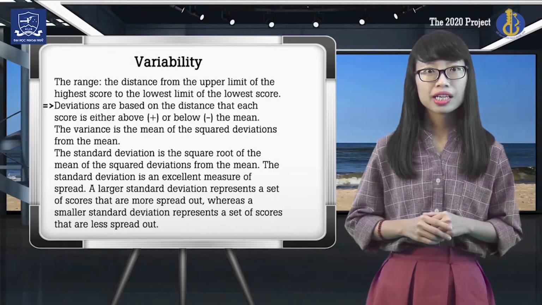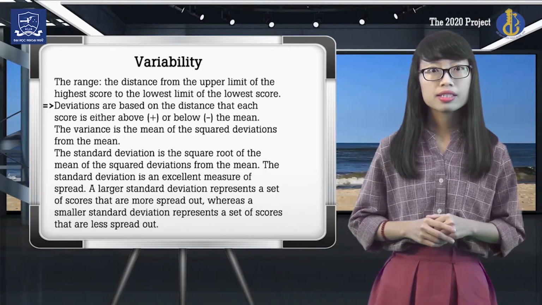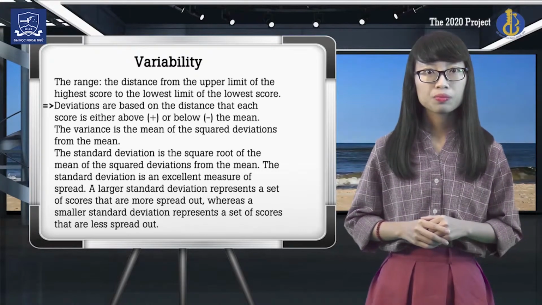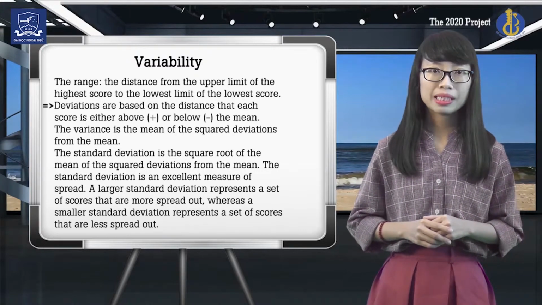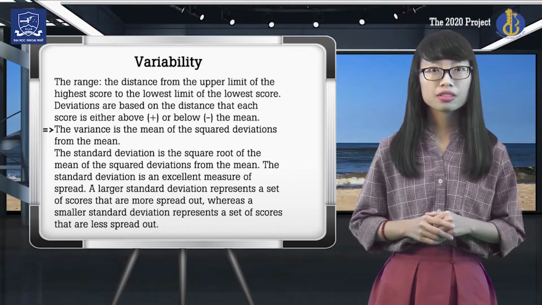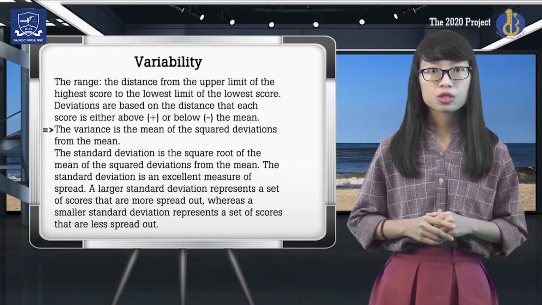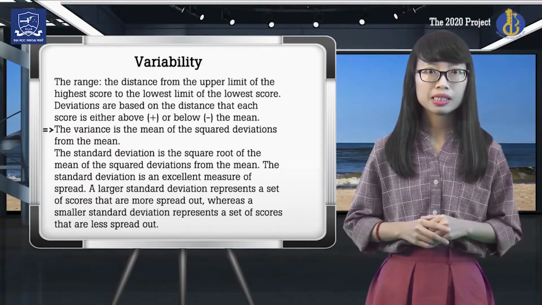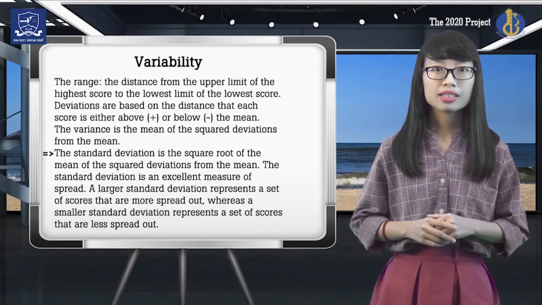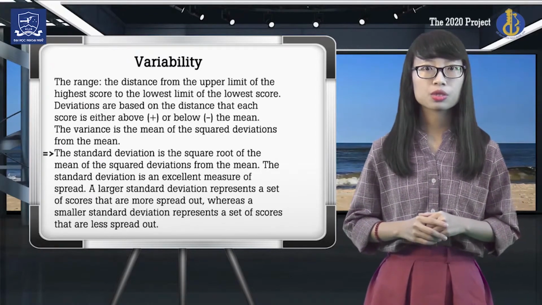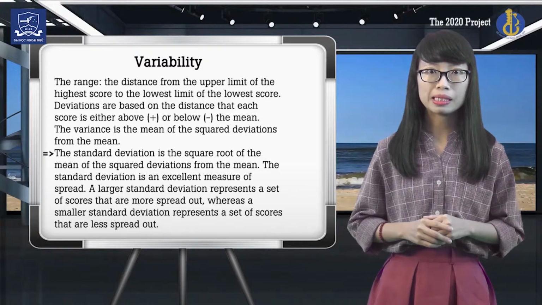Secondly, deviations are based on the distance between each score and the mean. A deviation can have a negative value when the scores are below the mean. Thirdly, the variance is the mean of the squared deviations from the mean. And finally, the standard deviation is the square root of the mean of the squared deviations from the mean.